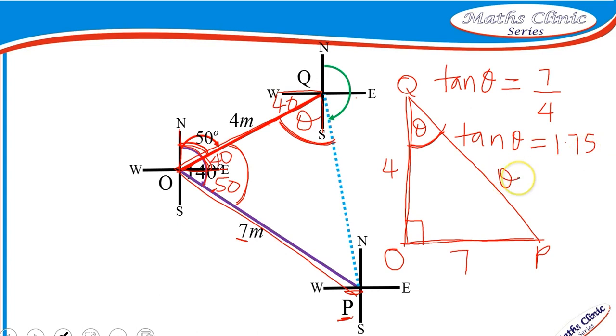Then I take tan inverse of 1.75, and that will give 60.255. I don't want to approximate it to the nearest degree yet because I'm not done with the work.